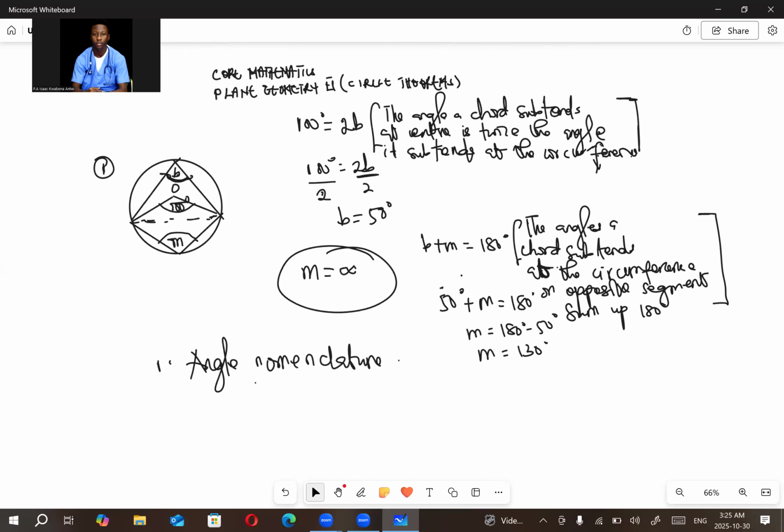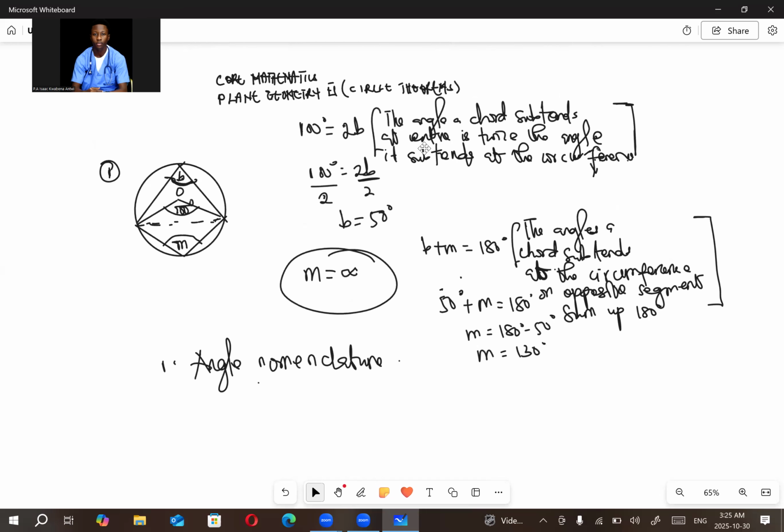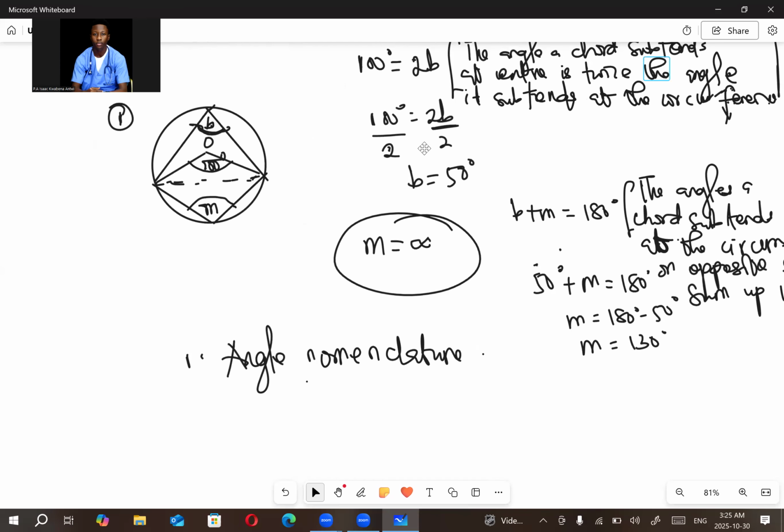In an exam, most of the questions you are given, they label the polygon or whatever it is, so it will be labeled for you as U V W X. There wouldn't be any indication as B or whatever, and you'll be asked to name.